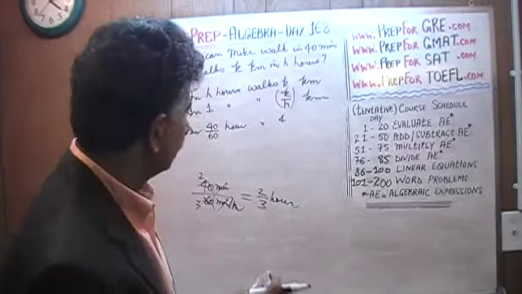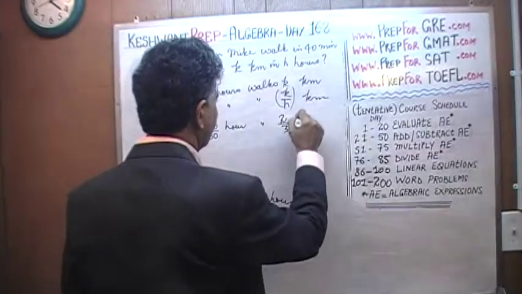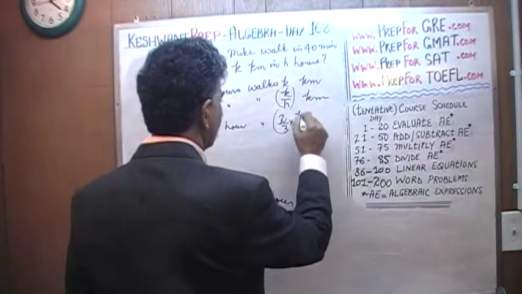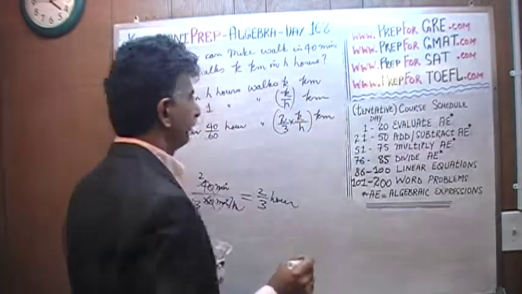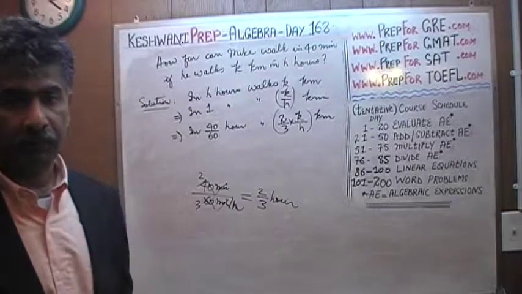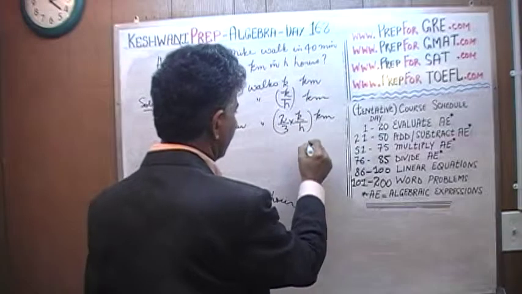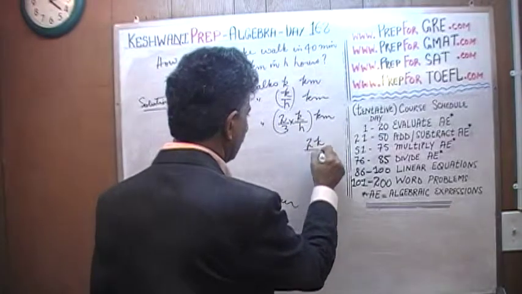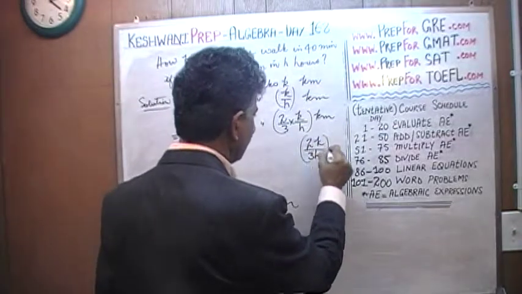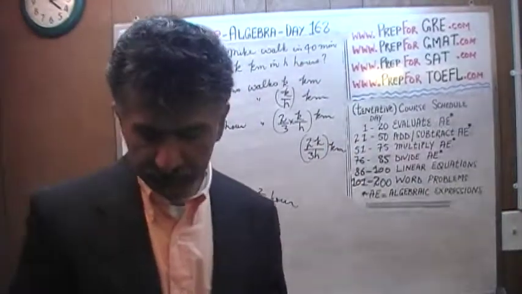So let's put it here as 2/3 times k over h kilometers. Which, had it been a real exam, would show up in the multiple choice question as not 2/3 times k over h, but rather 2k over 3h kilometers. That's our final answer. 2k over 3h kilometers.